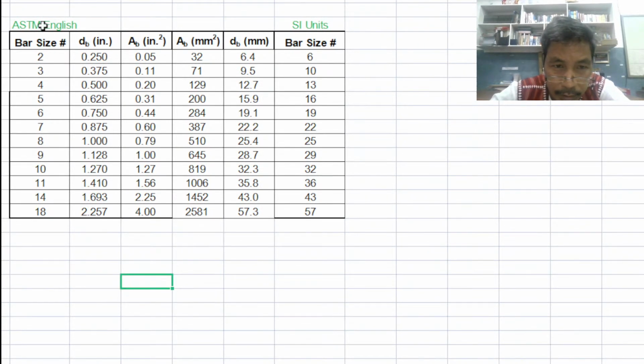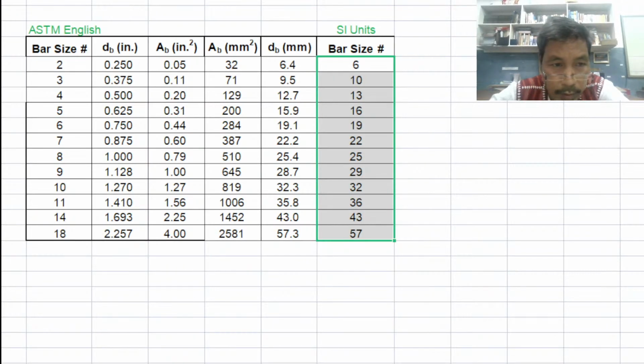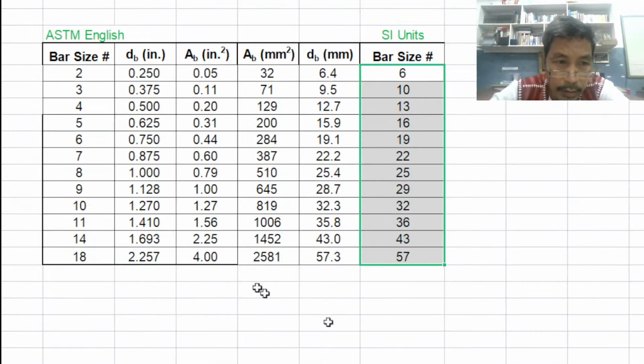The bar sizes using English units are in this column. The bar sizes using SI units are in this column. Let us increase the size. Okay, it is readable by now. So number 4.